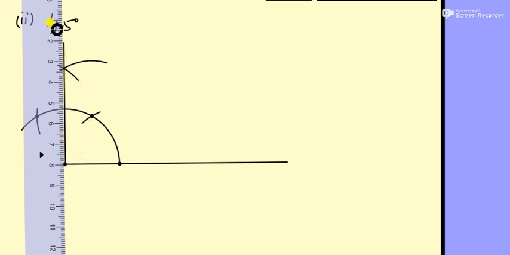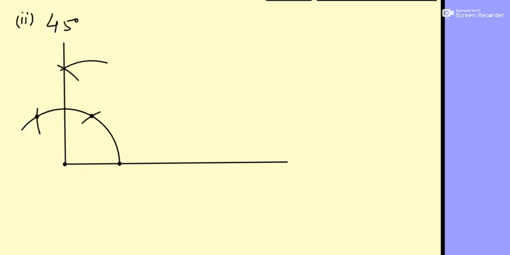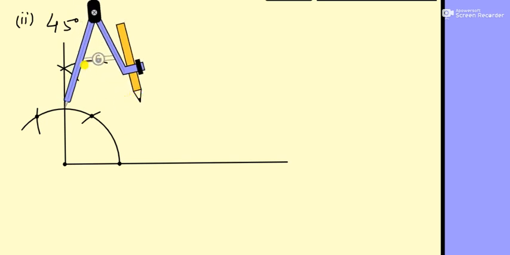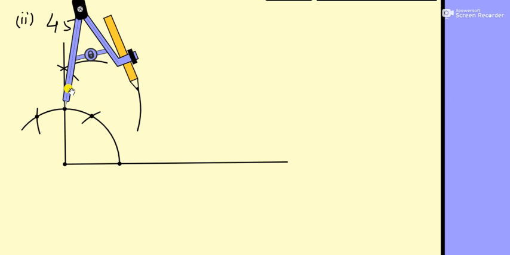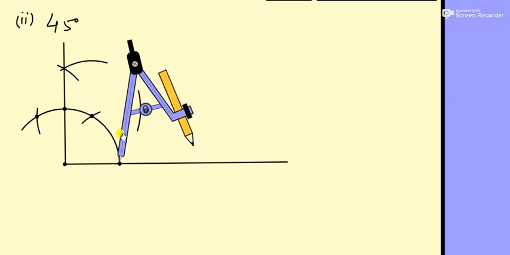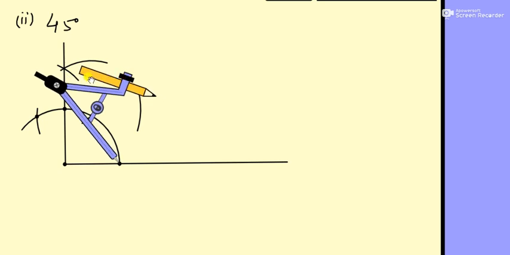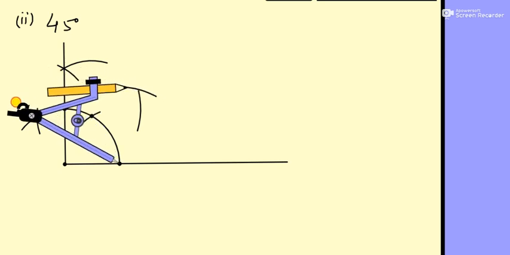Now remove the scale and take the compass at this point, increase the length of the arc and make an arc like this. Yes, now put the protractor here and make an arc here like this.